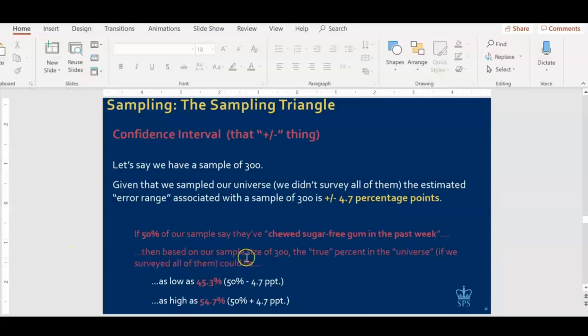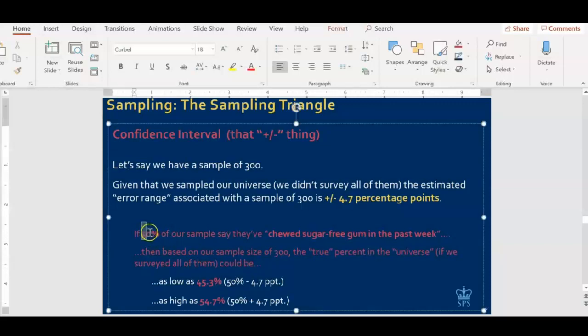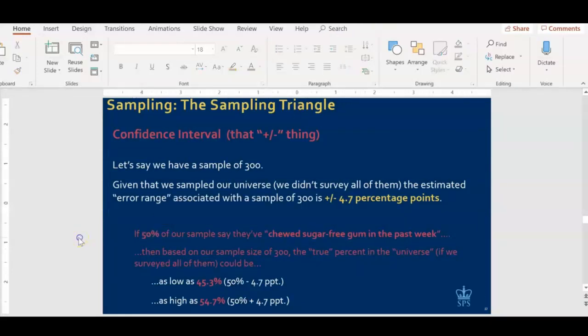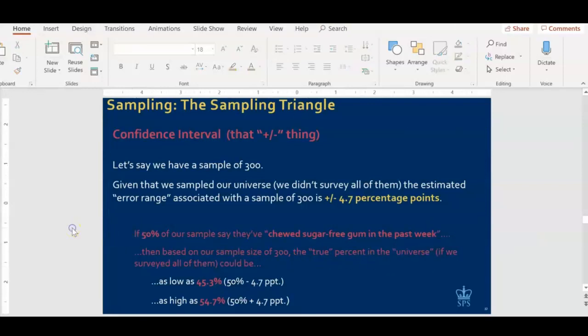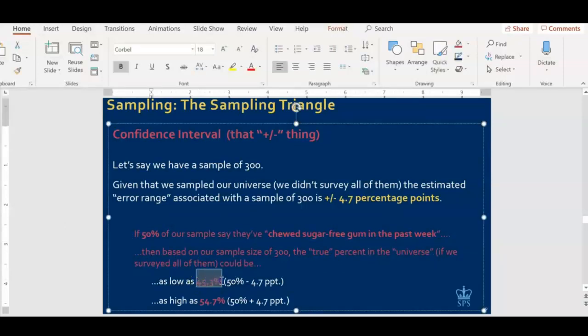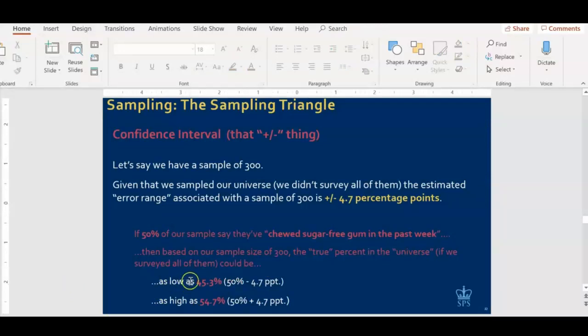Then, working with our sample size of 300 and our proportion of 50%, the true percent that we would have seen in the universe if we had sampled every single person we could have, the results would have been as low as 45.3% or as high as 54.7%. So our error range is the range between 45.3 and 54.7.